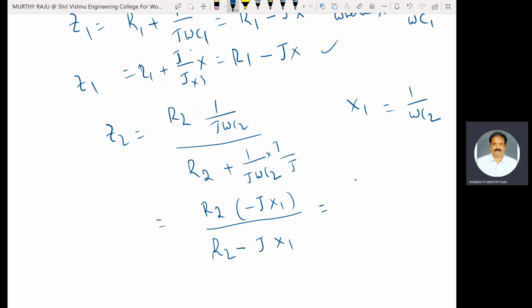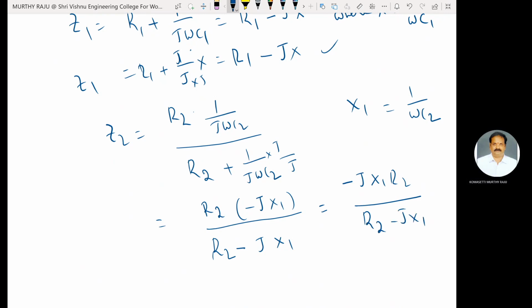Therefore, Z2 is equal to minus jX1 R2 by R2 minus jX1. So Z1 is equal to R1 minus jX, and Z2 is equal to minus jX1 R2 by R2 minus jX1.